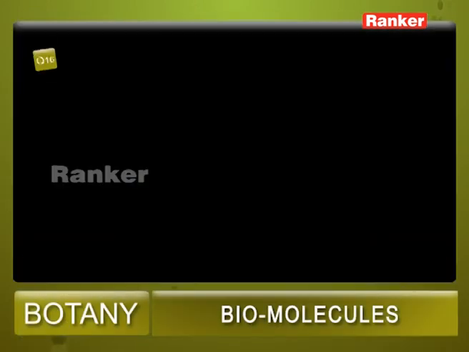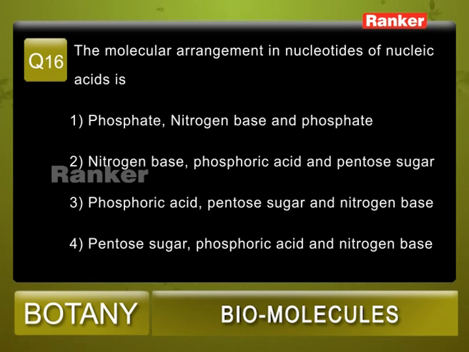Question number 16, the molecular arrangement in nucleotides of nucleic acid is: options 1 phosphate, nitrogen base and phosphate, 2 nitrogen base, phosphoric acid and pentose sugar, 3 phosphoric acid, pentose sugar and nitrogen base, 4 pentose sugar, phosphoric acid and nitrogen base.